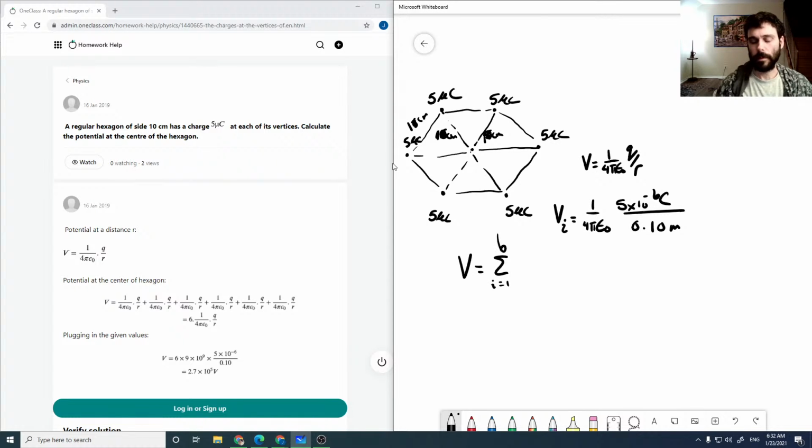And the nice thing about the potential is because it's not a vector quantity, we can literally just add them. There's no variable here that we're really incrementing over, so we just multiply by 6 basically.